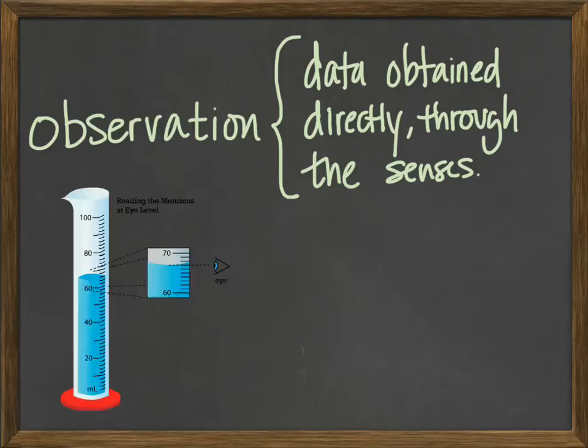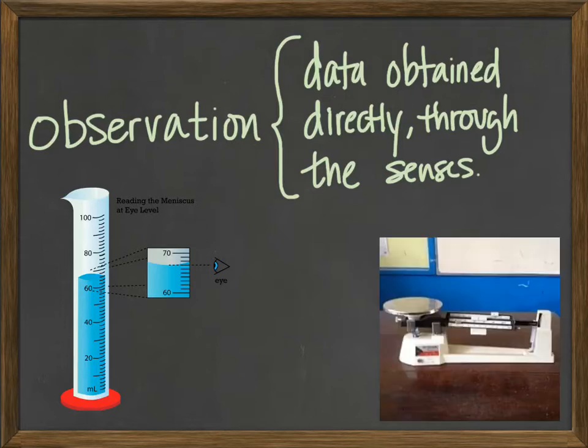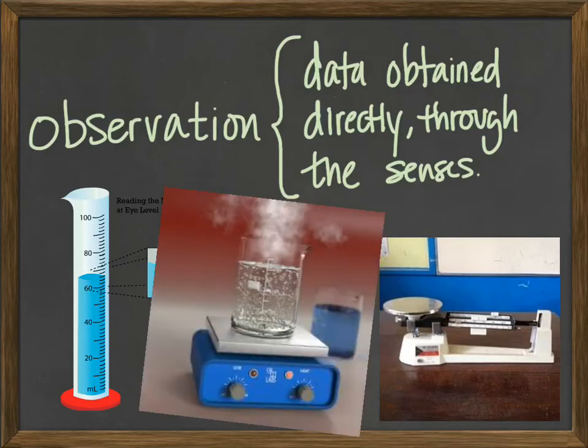This can include making measurements, like measuring the volume of a liquid in a graduated cylinder. This can include measuring the mass of a substance using something like a triple beam balance. And this can include observations that describe what's happening. There is a vapor over the beaker and there are bubbles rising up through the liquid. These are all direct observations.